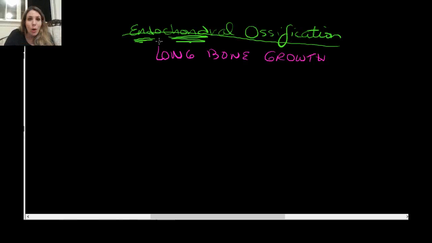So you already know about cartilage. And in fact, with intramembranous ossification of flat bones, we were dealing with dense irregular connective tissue with the ossification center occurring kind of in the middle of the area and then growing out. Well, long bone formation is different, but we're still talking about baby embryos.